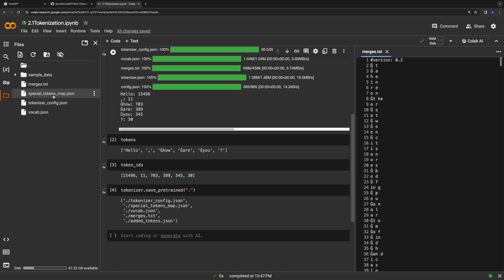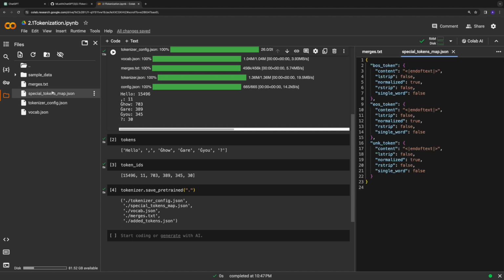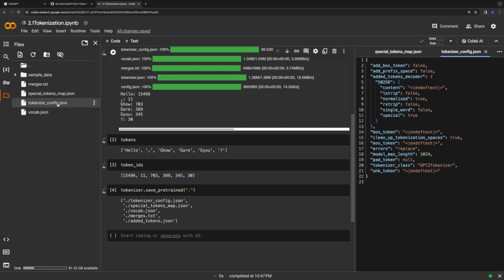And then we look at special tokens. You have the BOS token, which is beginning of text, and the end of text token, and also the pad token. So this is the tokenizer configuration, and whether we add the BOS token, and also the maximum length.